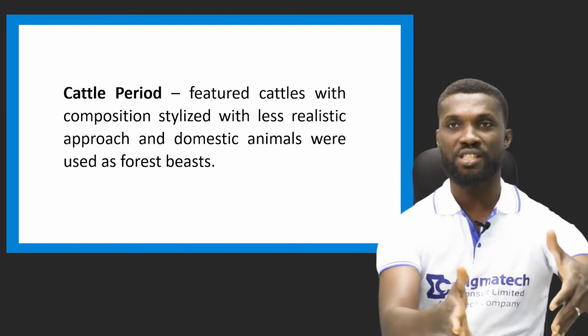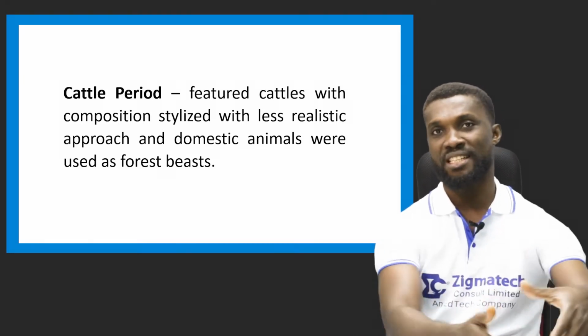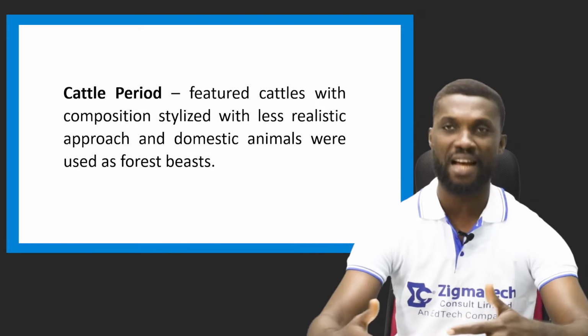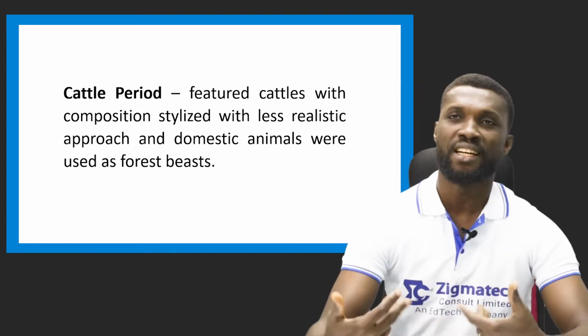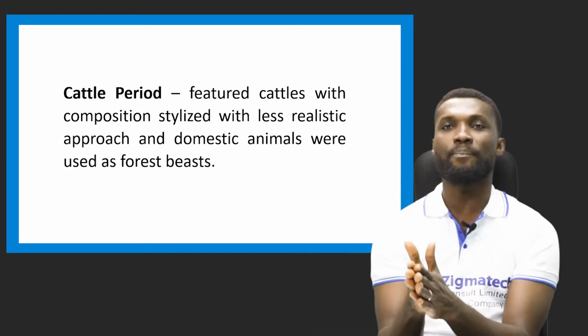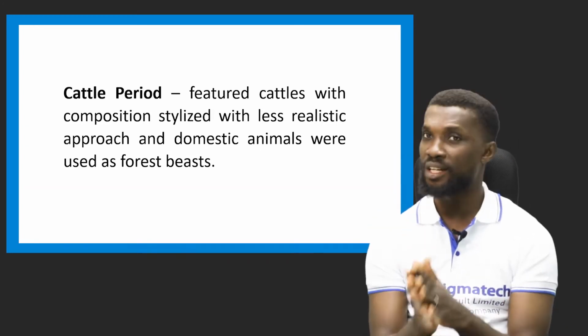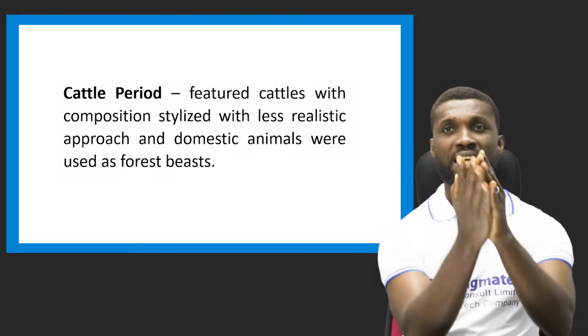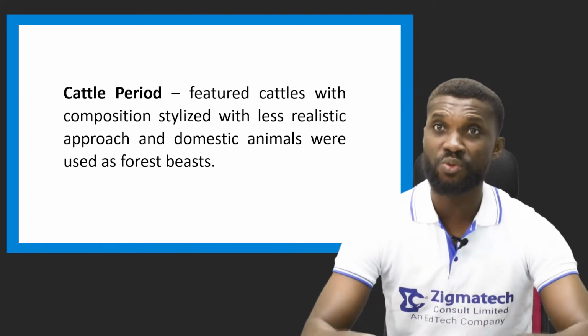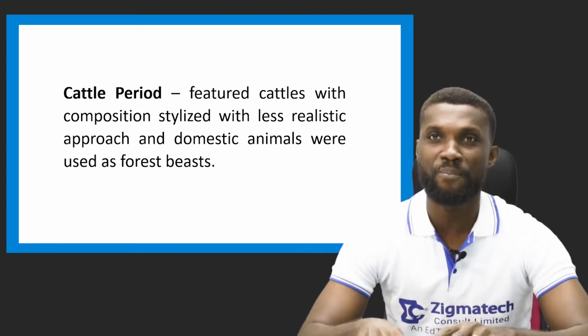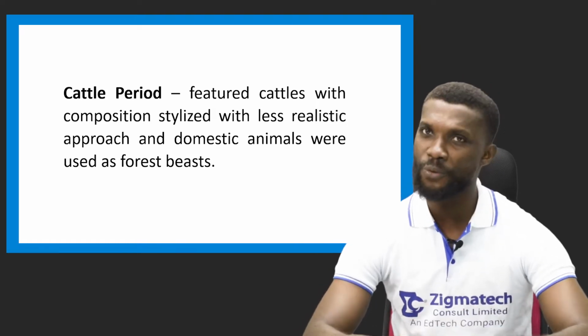After the buffalo, which is one of the beasts in the forest, they started featuring domestic animals and other animals that we can actually relate with. This happened in the cattle period. Remember, we have the buffalo period, and now we have the cattle period, still in this Mesolithic era. I hope you get that.